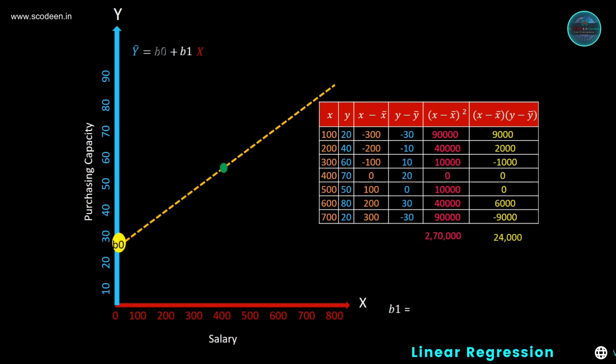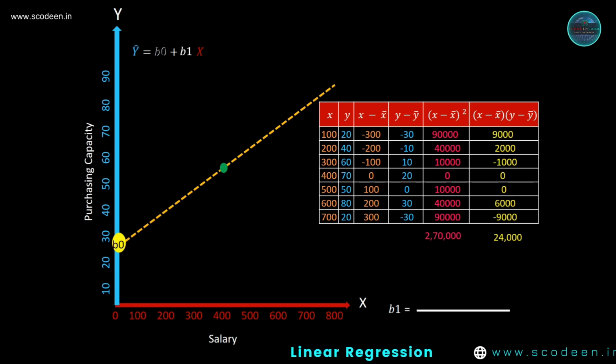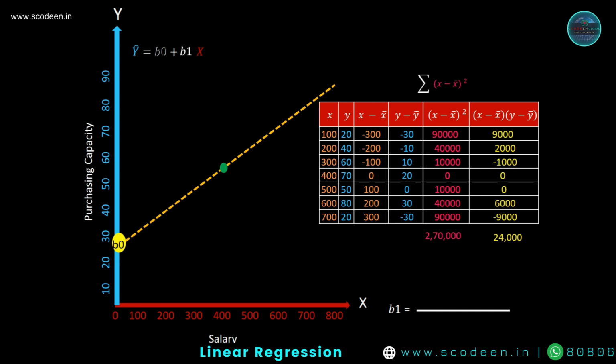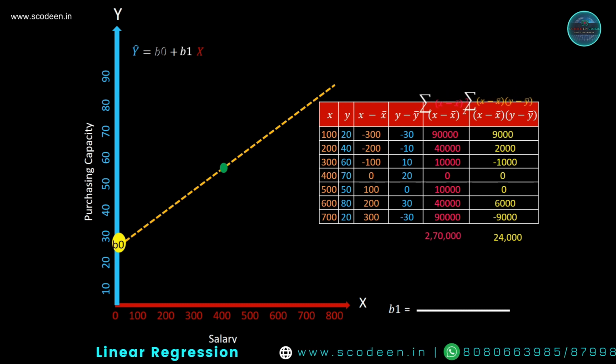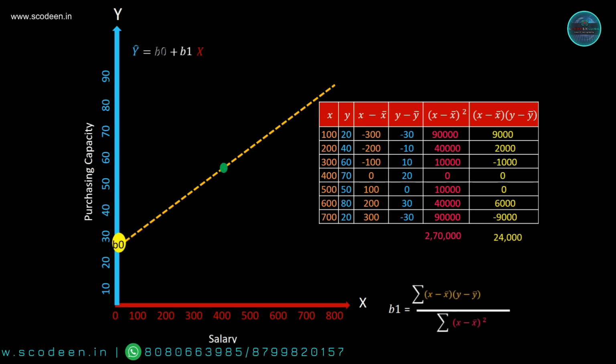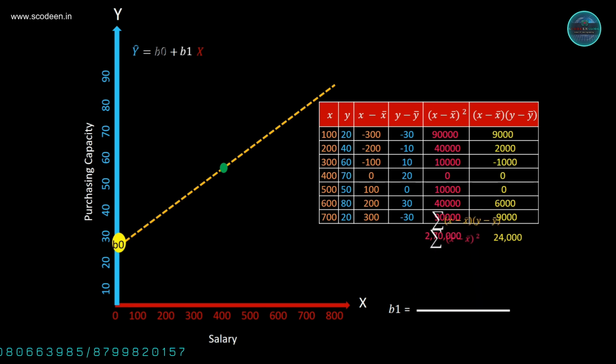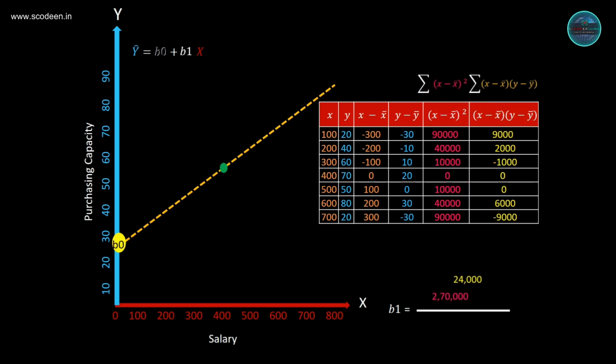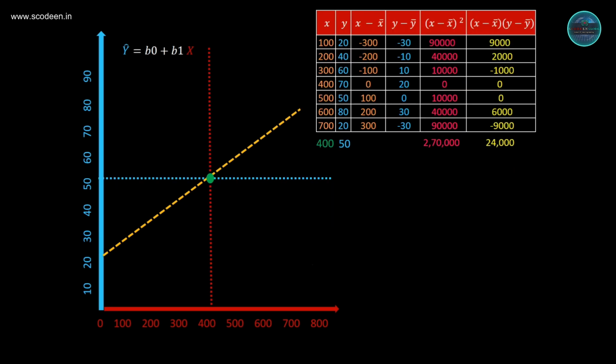So v1 is equal to the summation of x minus x bar into y minus y bar divided by the summation of x minus x bar whole square. If we place the values here, then v1 will be equal to 24,000 divided by 2,70,000, that is equal to 0.08.